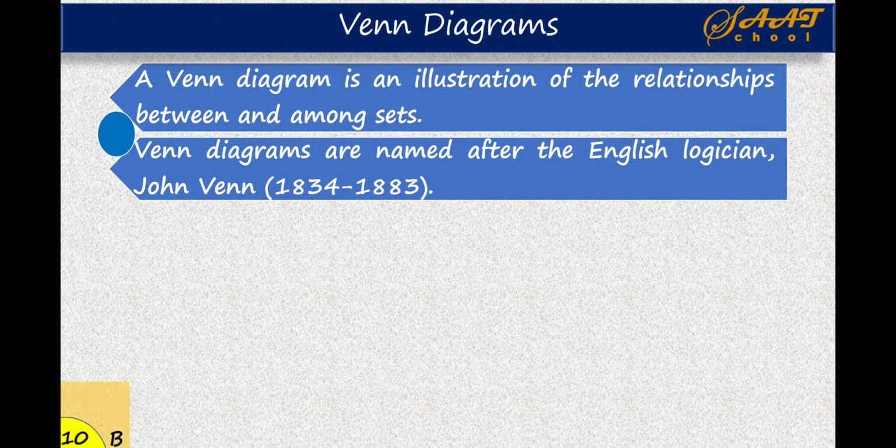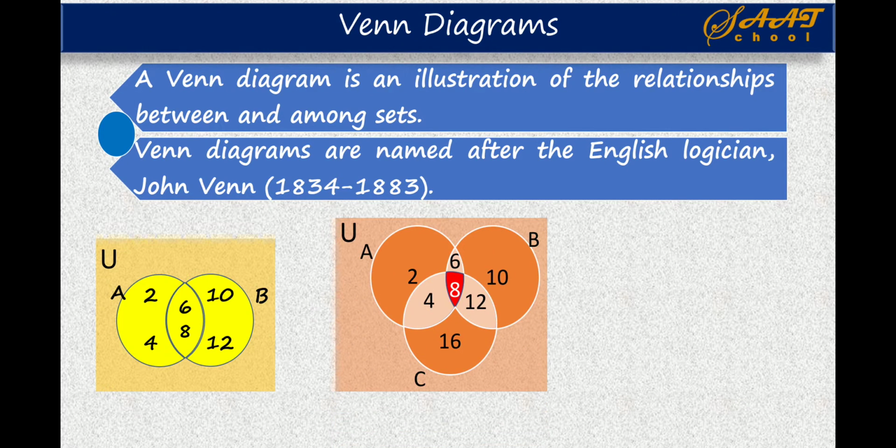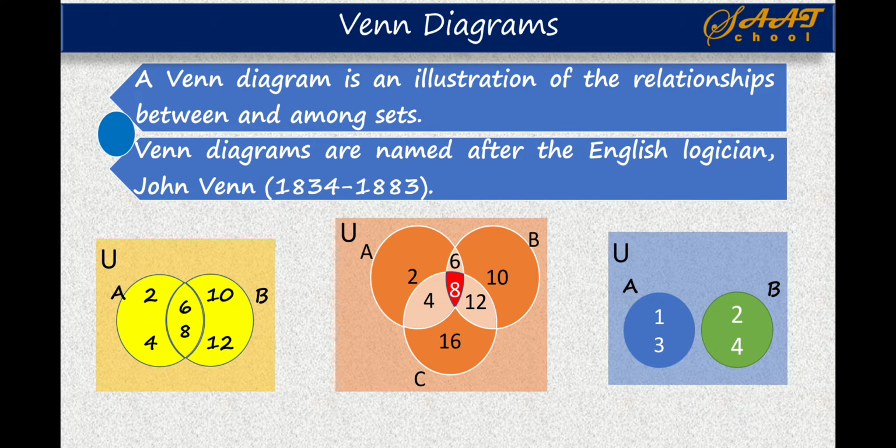Here are some examples. This is a Venn diagram of A and B. Here A and B are overlapping sets. This is a Venn diagram for A, B and C. They are overlapping as well. And this is a Venn diagram for A and B. Here A and B are disjoint sets. Now, what are disjoint sets?